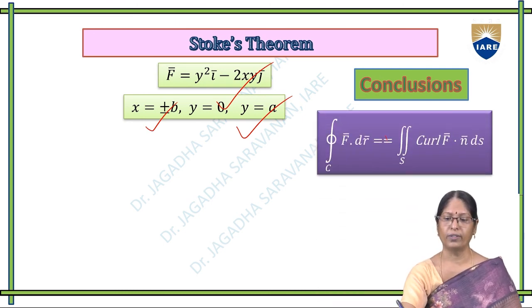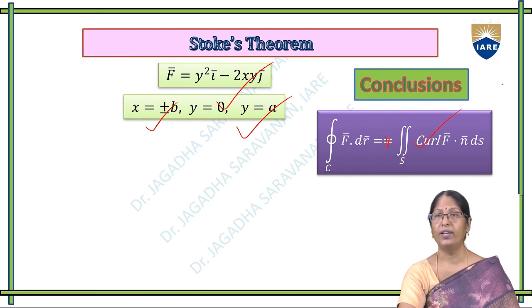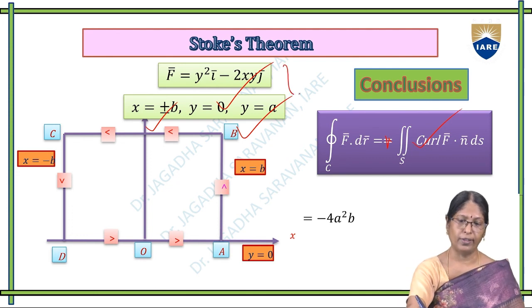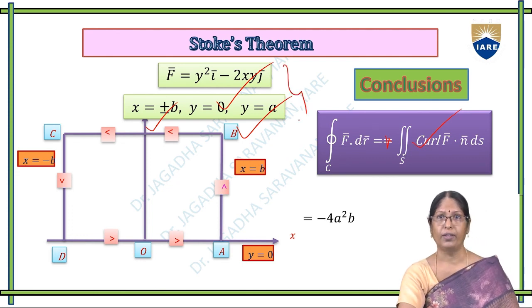So we know this is the Stokes theorem formula: the line integral over c of f dot dr equals the surface integral of curl f dot n ds, for which we have drawn the figure, looking at the bounded condition here.